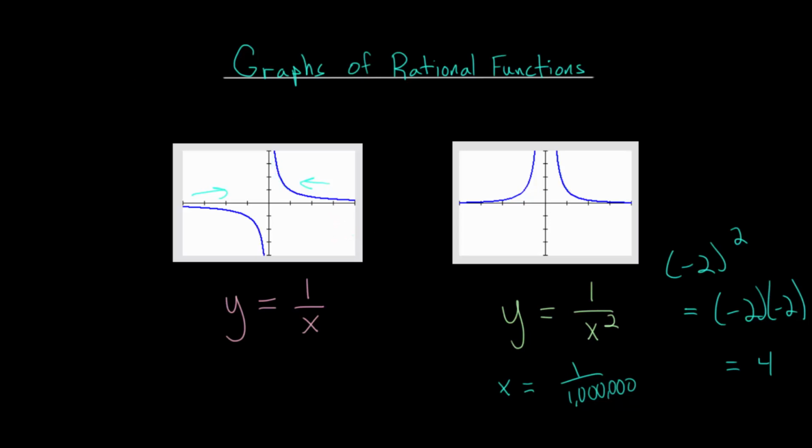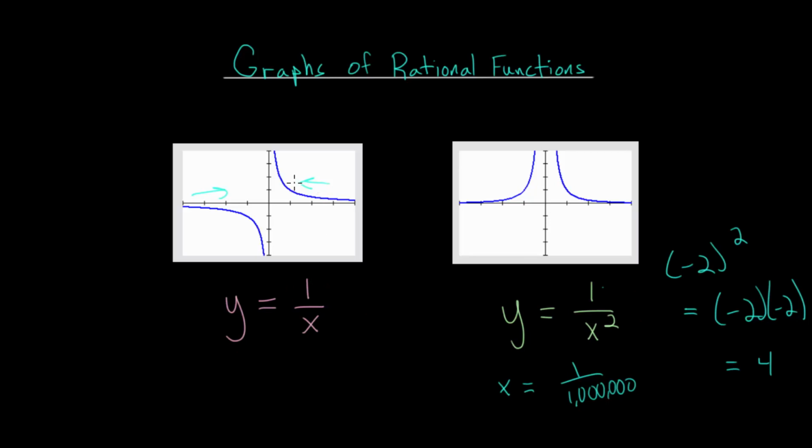And likewise, for both graphs, what you can notice is that as you plug in bigger and bigger x values, the y values start to approach 0. Let's say you plug in 1,000 and you square it, you get 1 over 1 million, which is a very tiny fraction or decimal. And the larger the value, the smaller the fraction. This is true for y equals 1 over x as well.